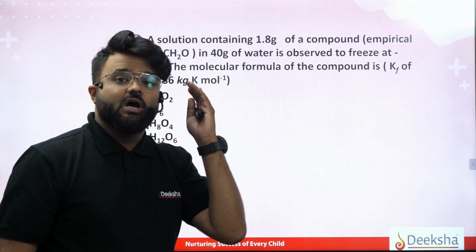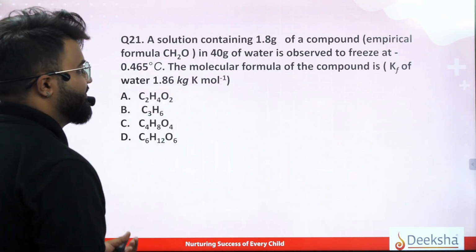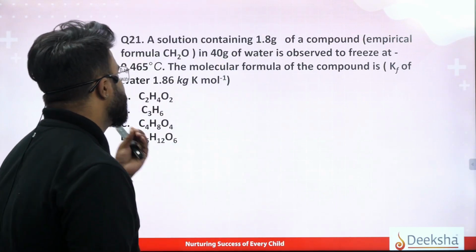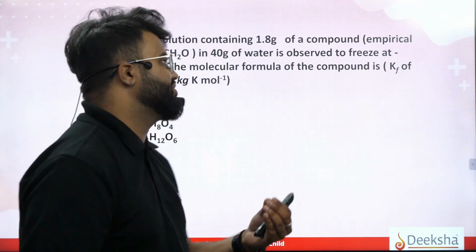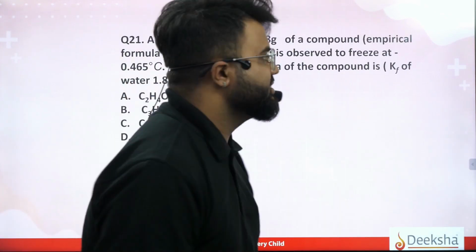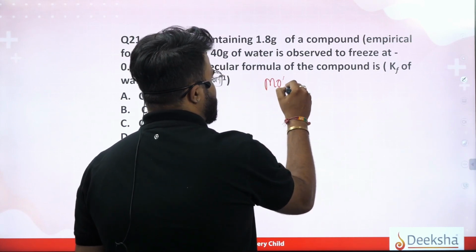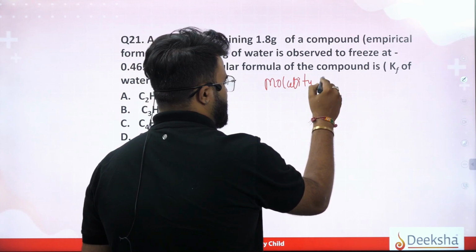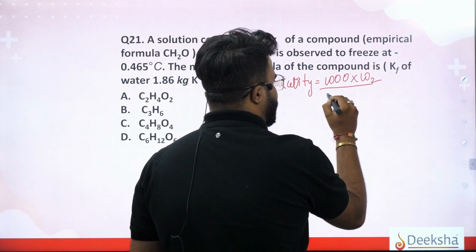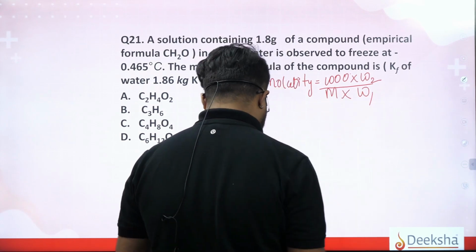If they have given this, how will you find out the molecular formula? There is a KF, the freezing point constant of water, which is 1.86 kg Kelvin per mole. So we all know that molality is equal to 1000 into W2 divided by molecular weight M2 into W1.